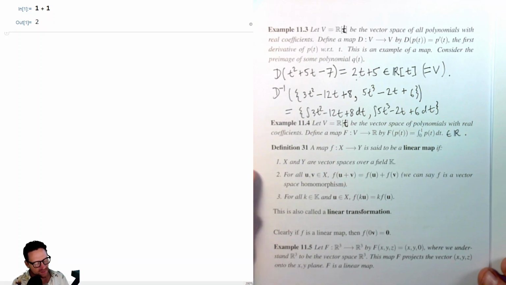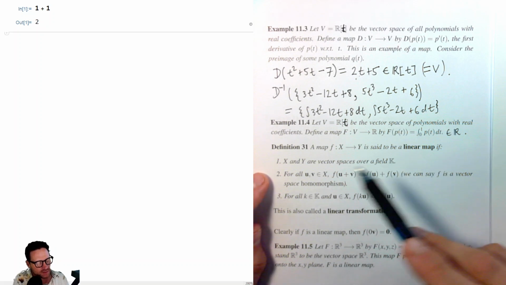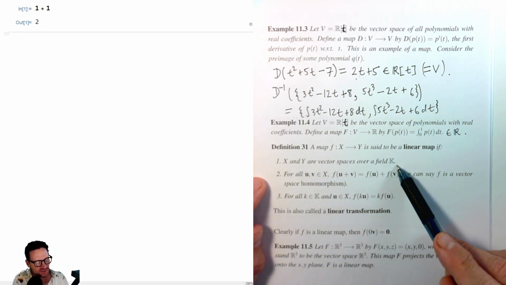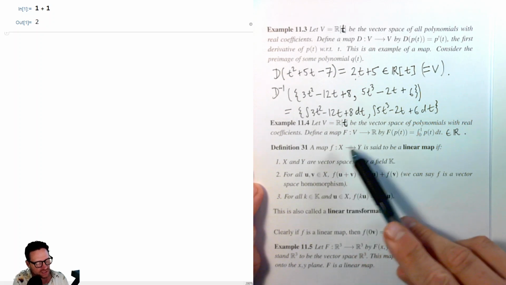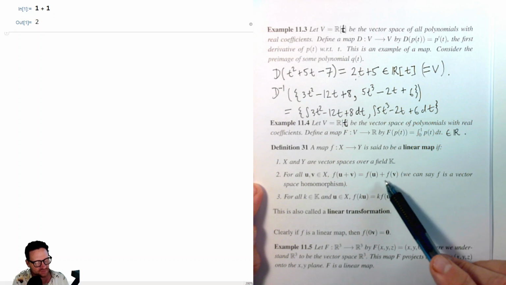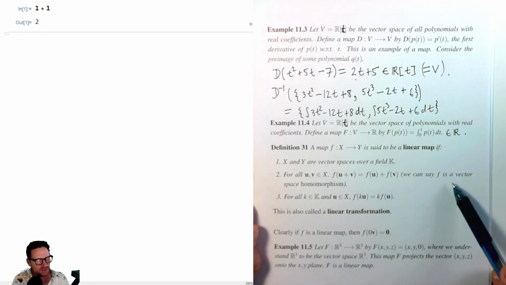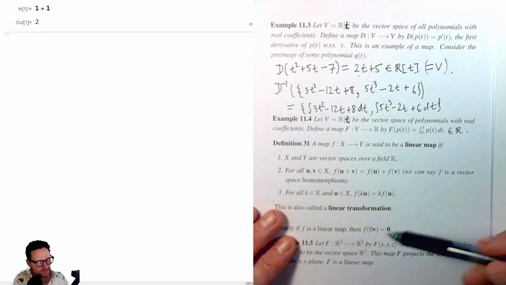Definition 31. A map F sending X to Y is said to be a linear map if both X and Y are vector spaces over a field K, and for all vectors u and v in the domain X, f of u plus v is f of u plus f of v. So we can say F is a vector space homomorphism when this property holds. Third property.